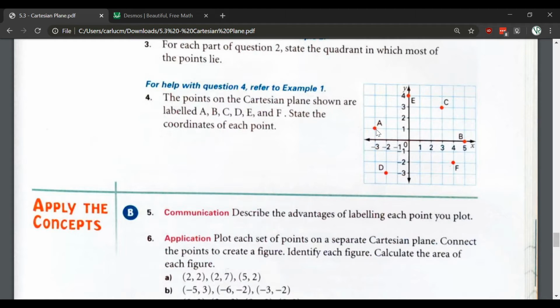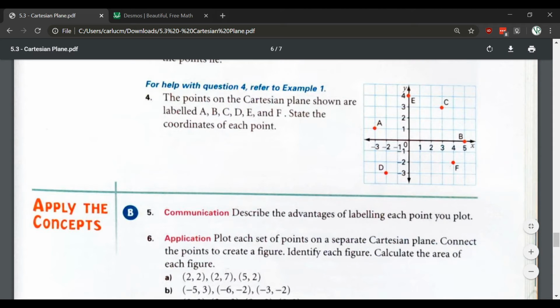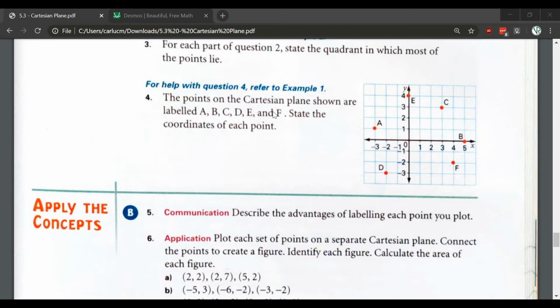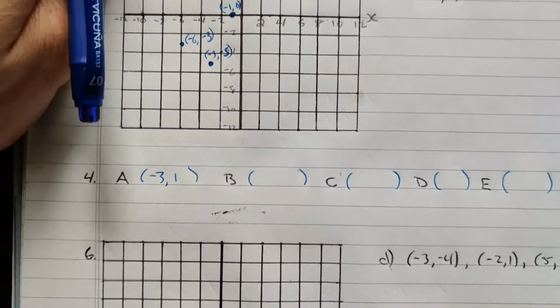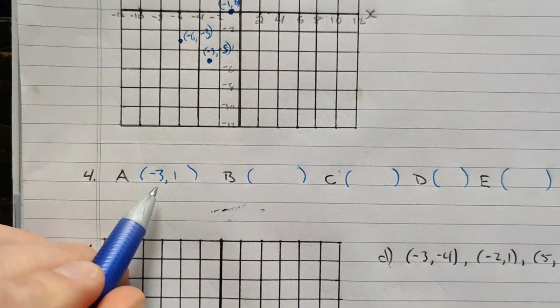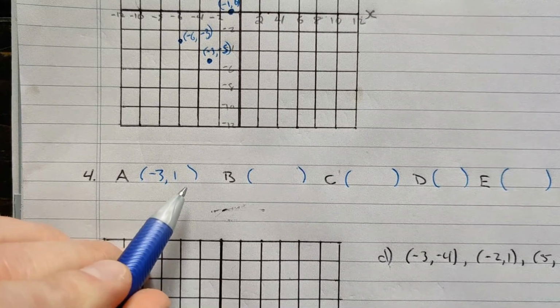So if we look at point A, it is along the x-axis, it's at -3, and the y-axis, it's at 1. So its coordinates in ordered pair is -3, 1. And so there we have it. So it's written like this. Again, the x value, comma, the y value in parentheses.